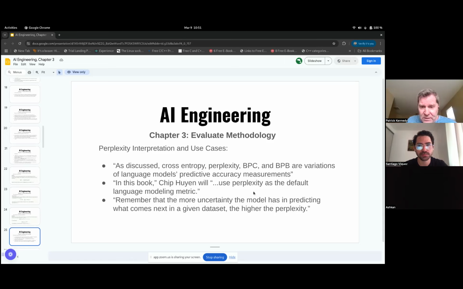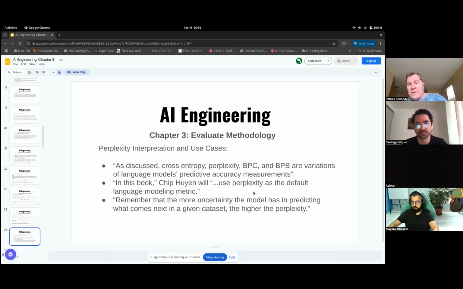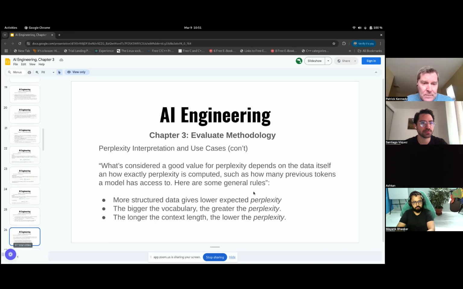She also says that the more entropy the model has in predicting what comes next in a given data set, the higher the perplexity. I mean, the more uncertainty in the model. So the more uncertainty in a model in predicting what comes next in the data set, the higher the perplexity.